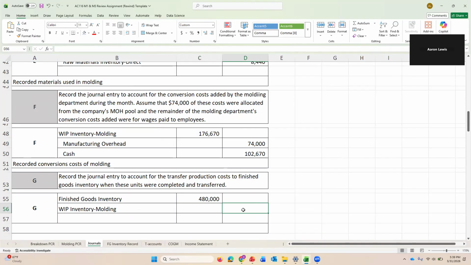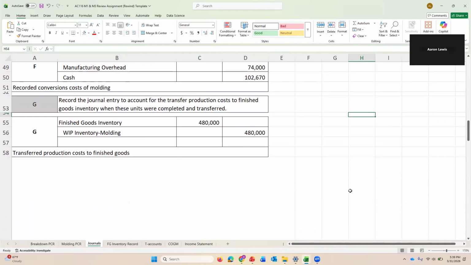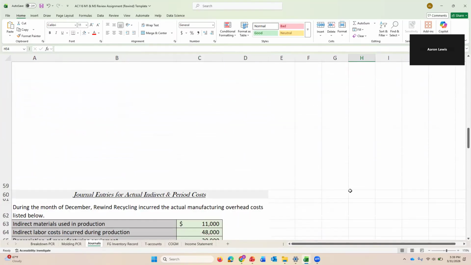And that is also going to be my credits to WIP inventory molding. And here we transferred production costs to finished goods. And now we've got those costs into our finished goods inventory.